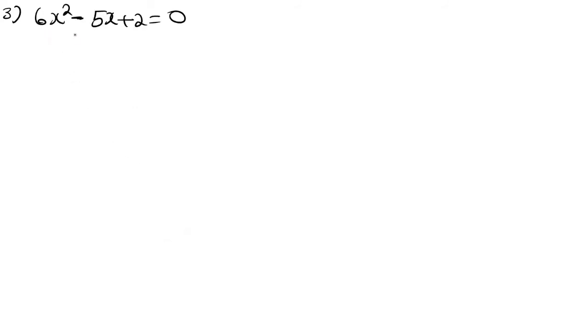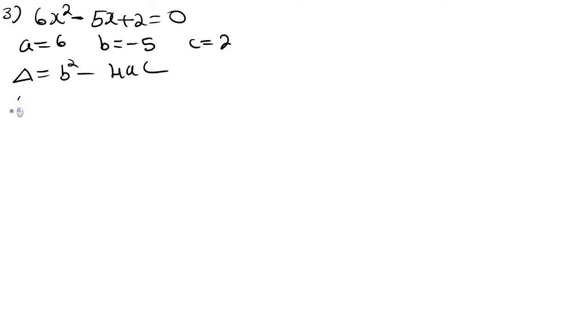See the next question. 6x square minus 5x plus 2 equal to 0. A value is equal to 6, b value is equal to minus 5, c value is equal to plus 2. Write discriminant formula. Delta is equal to b square minus 4ac. Delta is equal to b square, minus 5 square, minus 4 into a value is equal to 6 into c value is equal to 2.